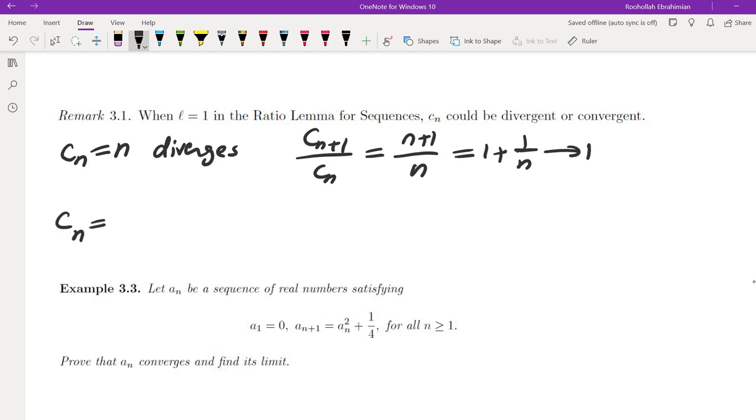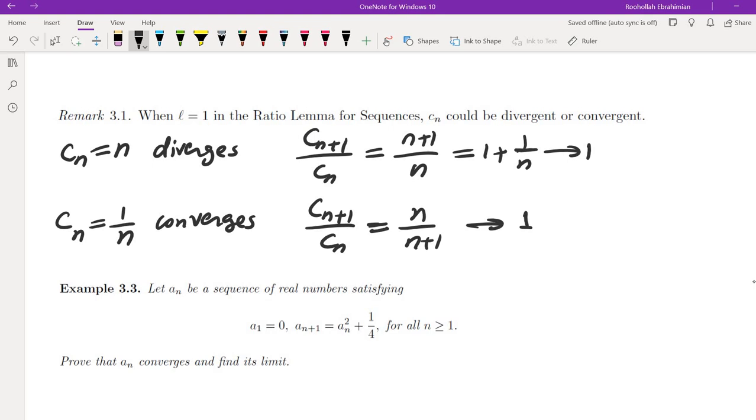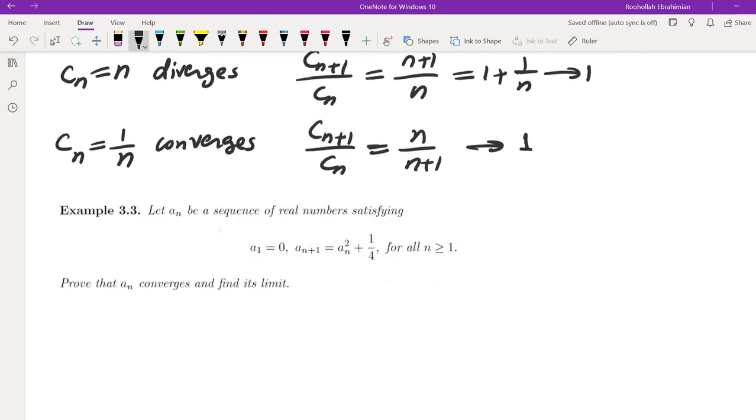If you take Cn equals 1 over n, this converges. And if you take Cn plus 1 over Cn, you would get n over (n plus 1), which also approaches 1. So the limit of the ratio is 1, but in one case the sequence diverges and in the other case it converges.